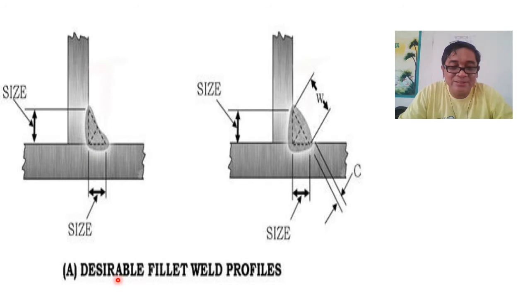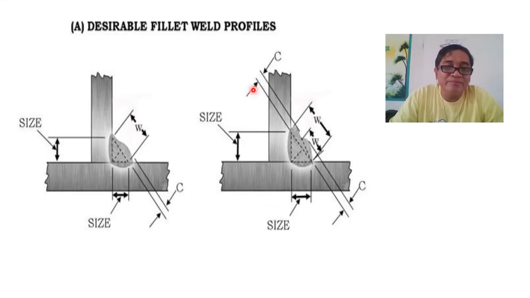So that's where the desirable fillet weld is. So here you have the size of the fillet weld, and letter C is the convexity of the fillet weld. So from the toe and the weld face, that's the distance, what we mean by convexity, letter C.